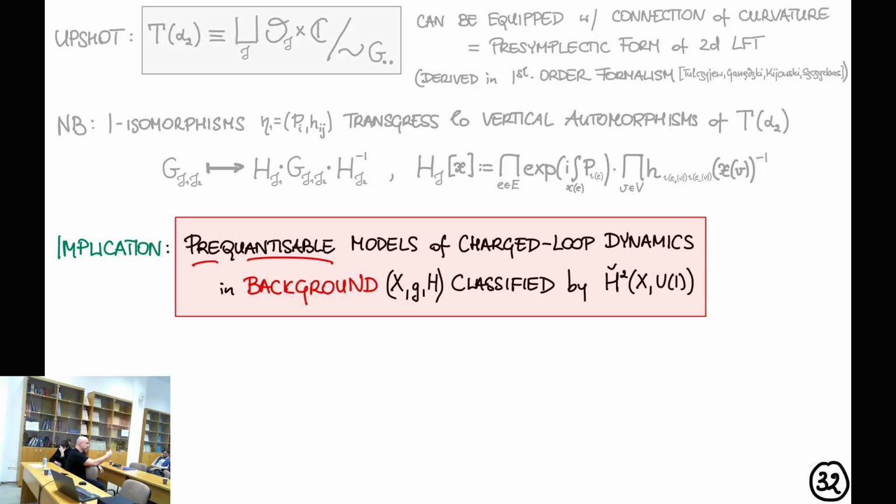Look at its inequivalent automorphisms, and in this way classify pre-quantizable symmetries of this mechanics, and so on and so forth. You get cohomological means of classifying field theories defined in the presence of charges, and this is what I wanted to advocate here.